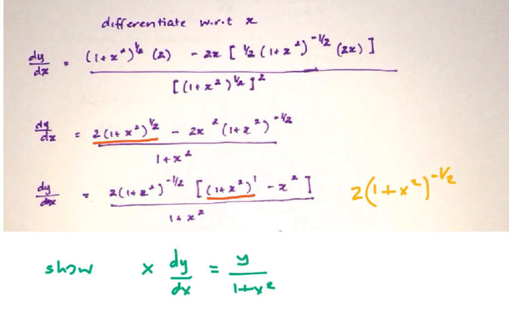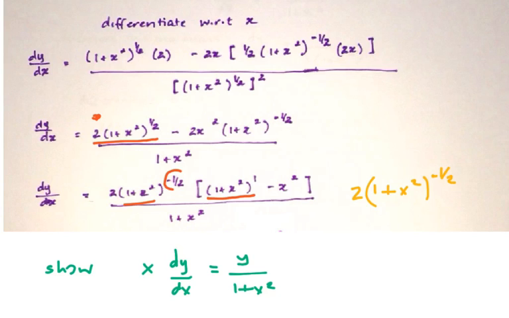You have to make sure that if you multiply this by this, you get back this number here. So if you multiply (1 + x²)^(-1/2) times (1 + x²)^1, since these are the same base and you're multiplying, you're essentially adding the powers.